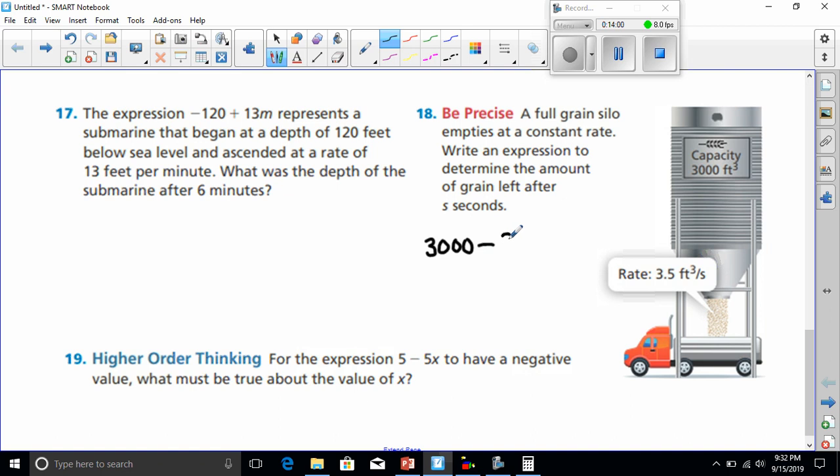So that would mean we're minusing 3.5 times S. So depending on how many seconds go by, we're multiplying that by 3.5 because that's how much we're losing per second. And the grain is only 3,000, so after so many seconds, we're going to run out. So my final answer would be 3,000 minus 3.5 S.